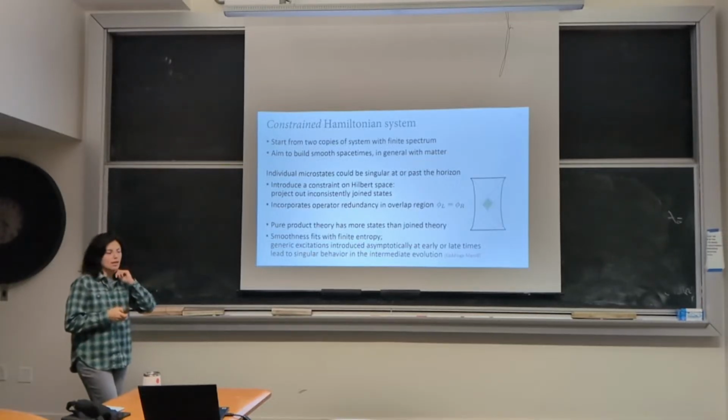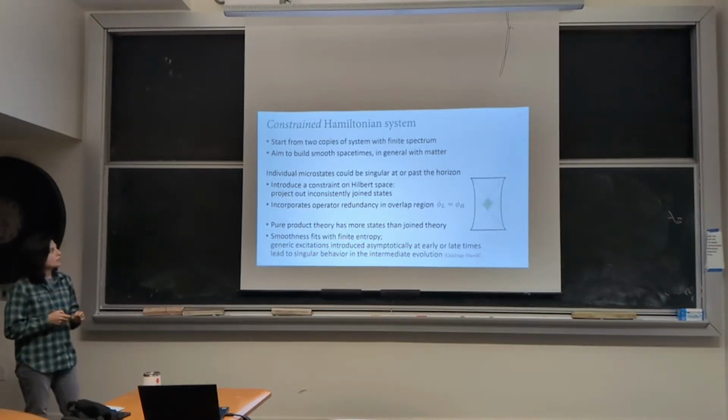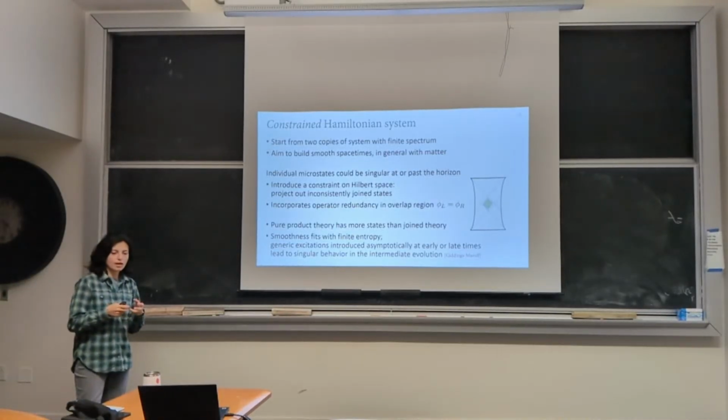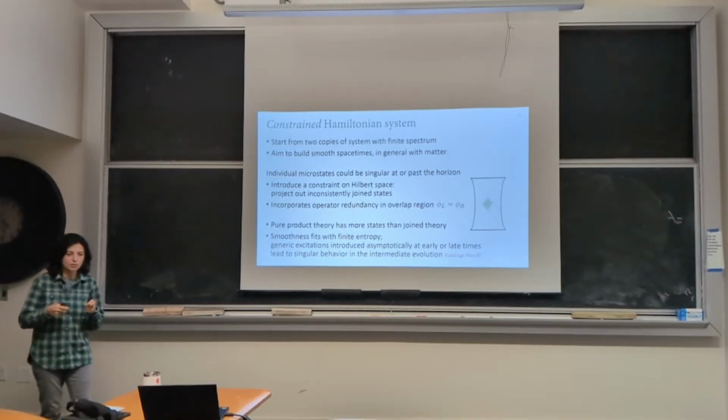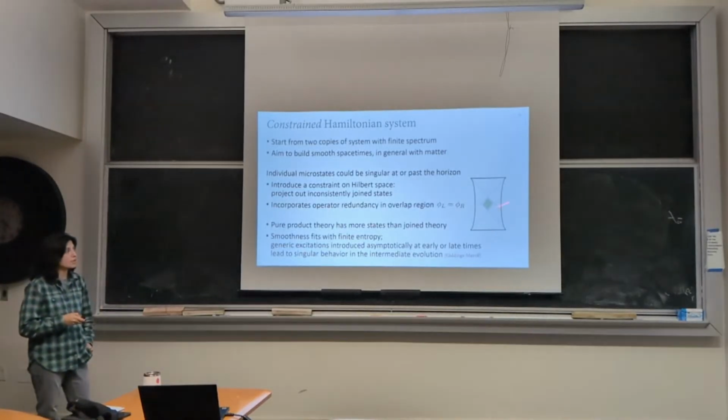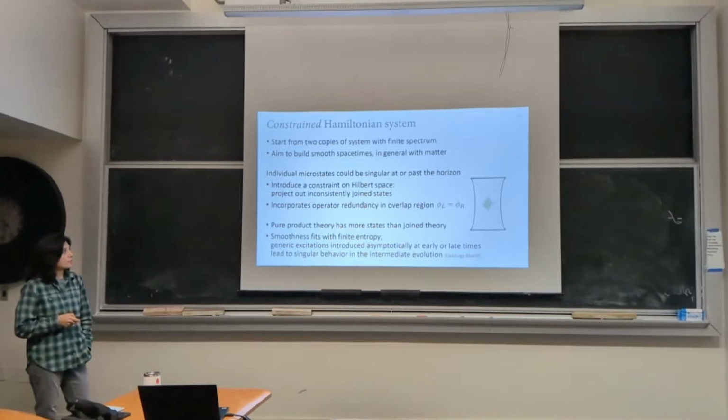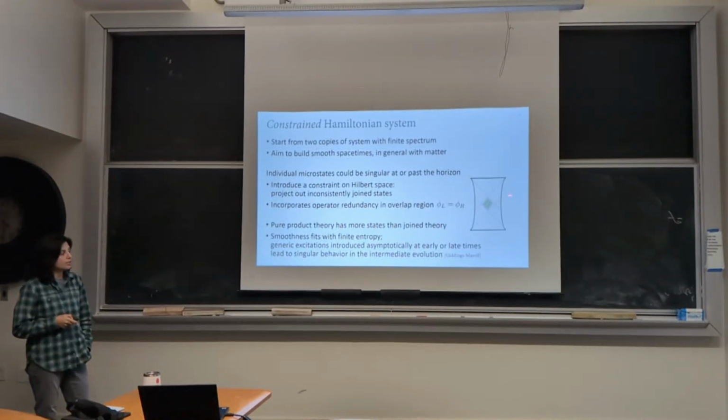And the way to do that is that, again, we only accept those geometries that join consistently from the left and right. For example, if we have some matter perturbation from the left theory that exists in this shared diamond, we only join it together with the right theory that has the same matter perturbation in this overlapping region.